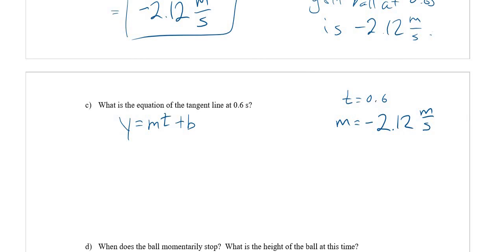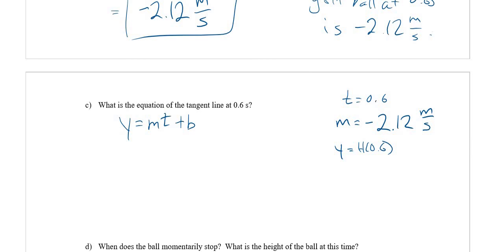So now we need to find our b value, but there's no easy way to do that. So let's see if we can figure out the y value. As it turns out, the y value is just the height at that point. So it's going to be the same as h of 0.6, the original function, not the derivative.